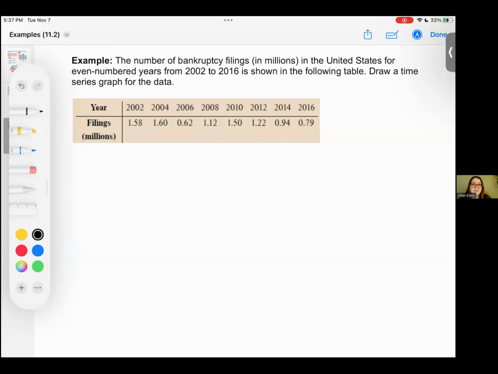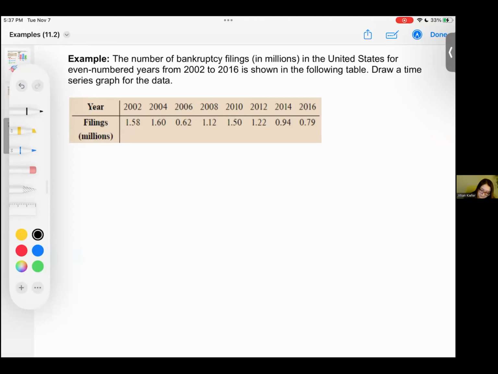All of them are less than 2. The lowest one here is 0.62, but our highest one is 1.60. So they're decimal values, and they're fairly close together. We want to make sure that we have the right numbers on here. So we're going to draw this one a little bit bigger since we have a bit more room to work.